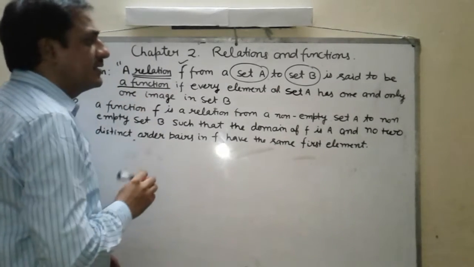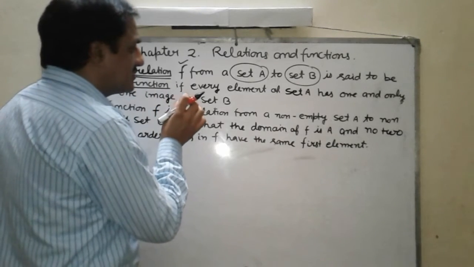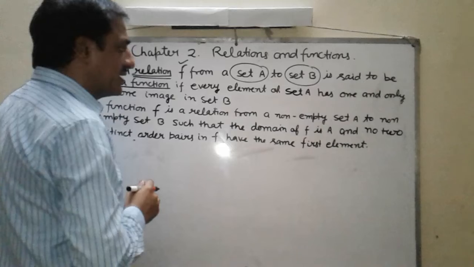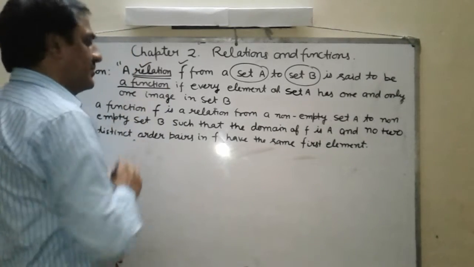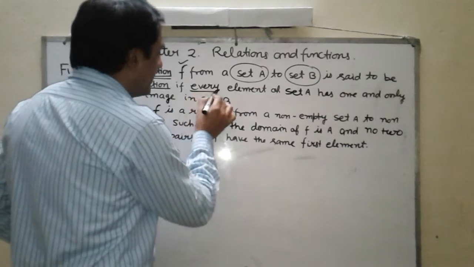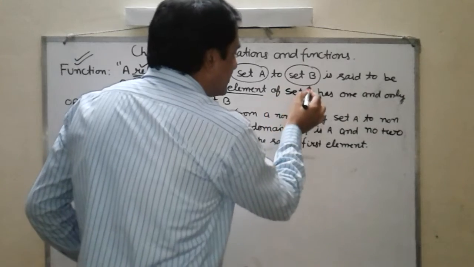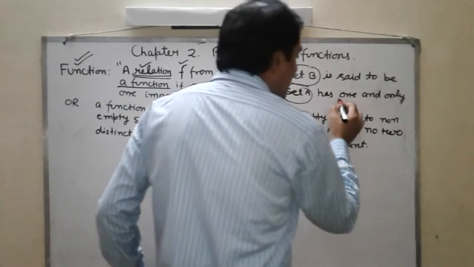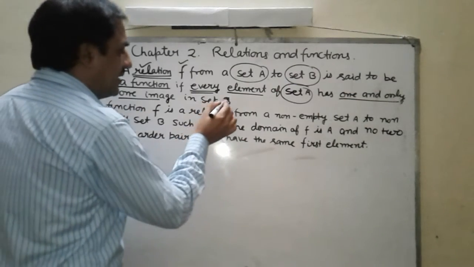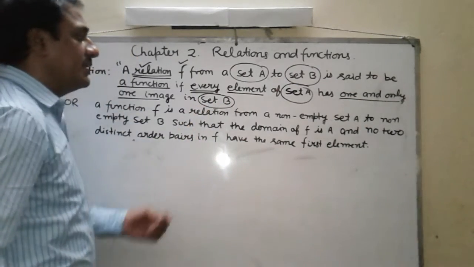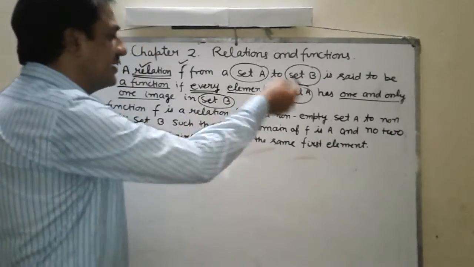When I say the given relation is a function, there is a necessary and sufficient condition. If every element of set A has one and only one image in set B, it means each and every element of set A has a unique image in set B.